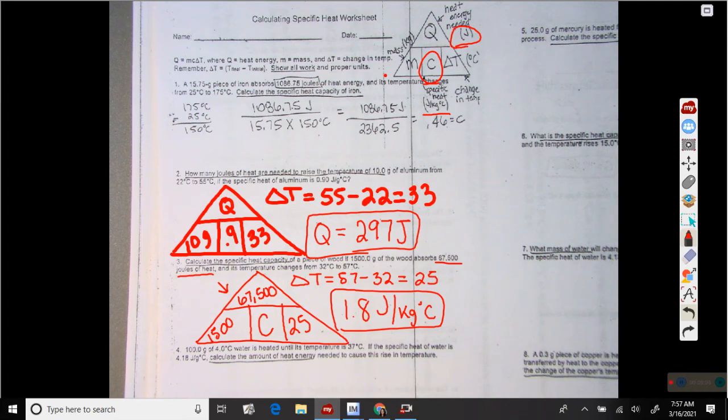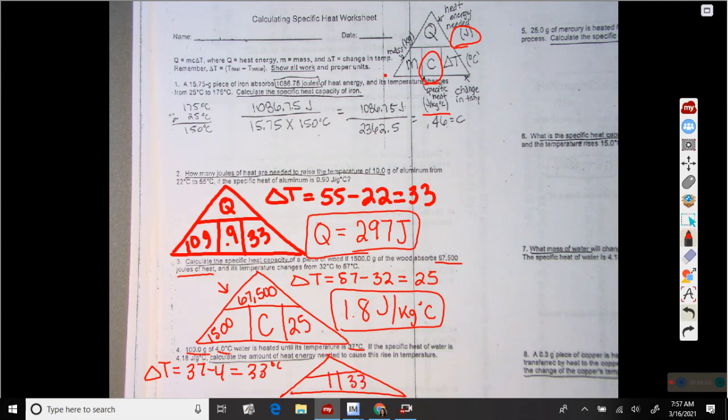All right, now let's look at the bottom. At the bottom it says I have 100 grams of water at 4 degrees. It's heated until it's 37. So my delta T is going to be final 37 minus 4 equals 33 degrees Celsius. And I'm going to draw my triangle. I'm going to be kind of small down here because I don't want to move anything. But I know my delta T is 33.